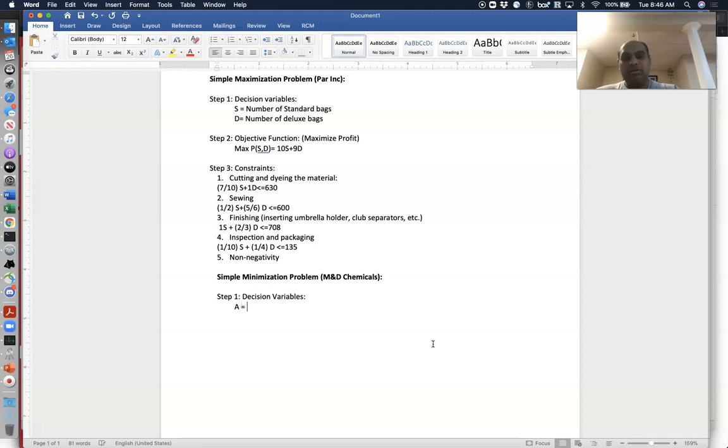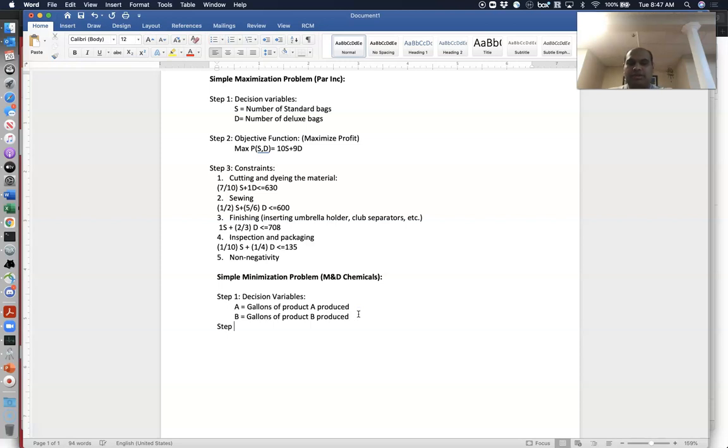Again, here, don't just say A is chemical A. Say A is gallons of product A produced, and B is gallons of product B produced. So here the decision variables are in gallons, and that's important to keep in mind.